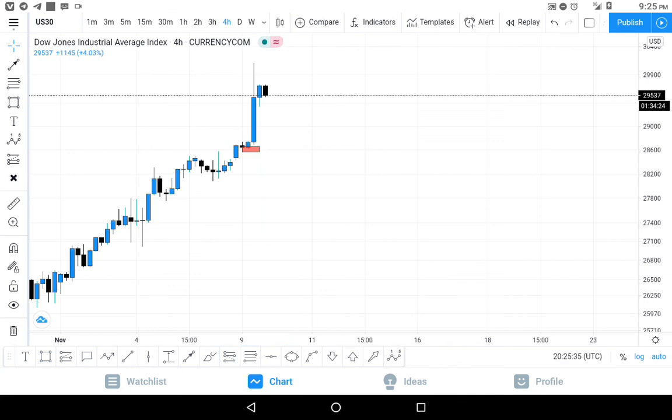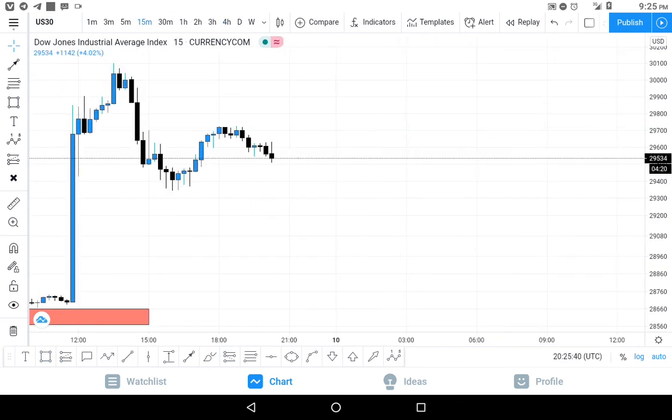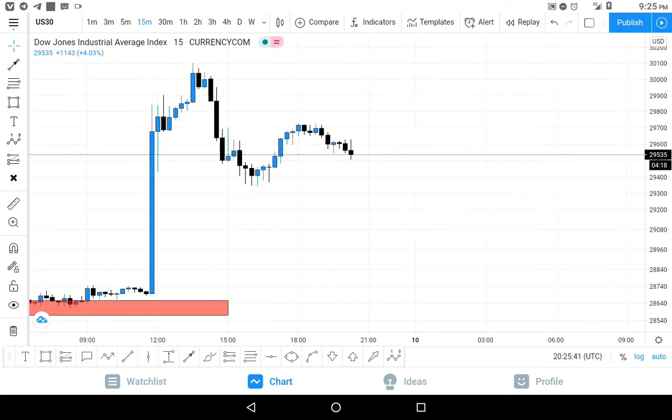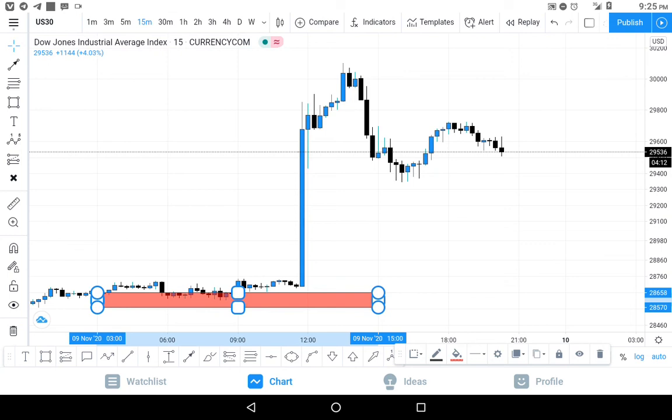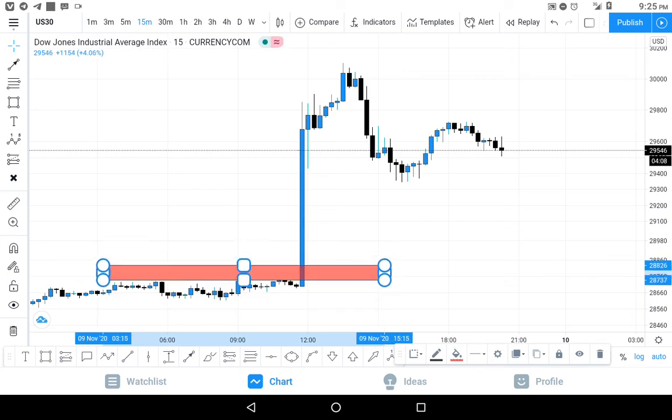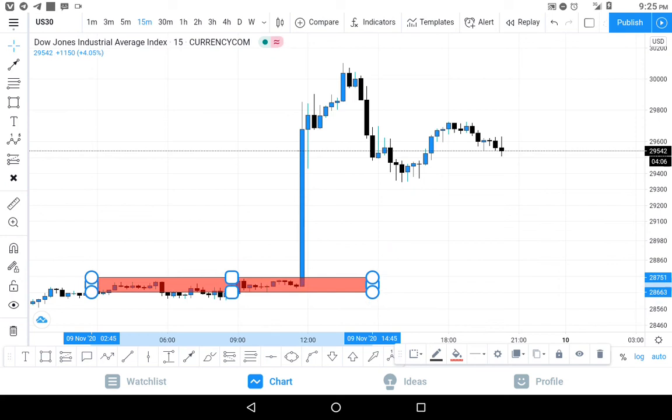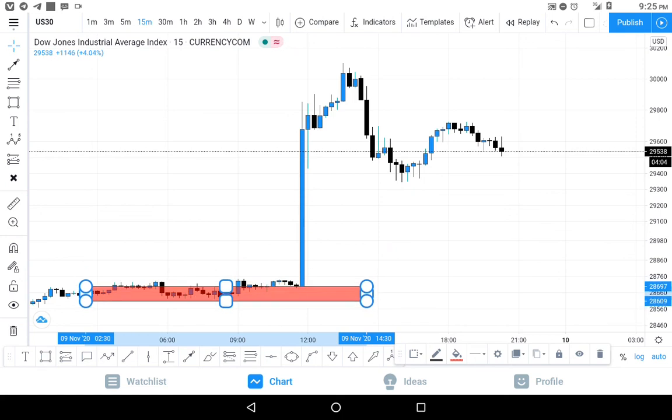I'm going to the 15 minutes time frame. Here's our order block system.